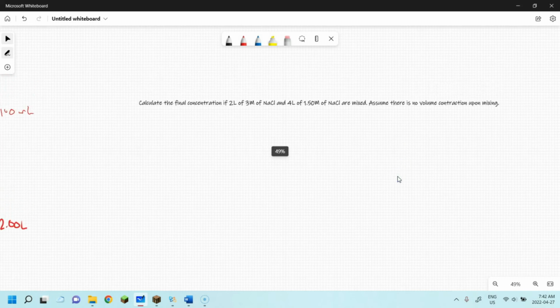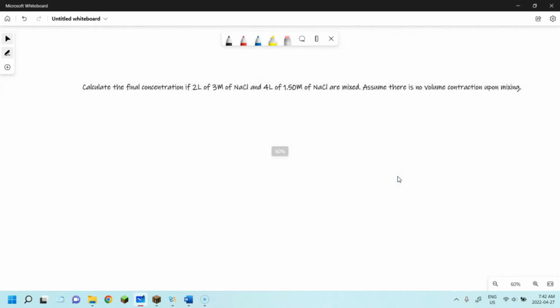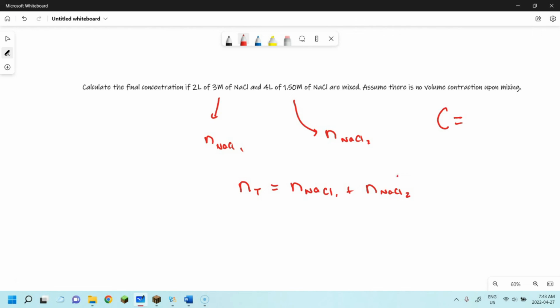Okay, now in this case, we're going to mix two solutions together. And so what we could do is determine our moles in our first one, so our moles of NaCl in this solution. We could determine our moles of NaCl in the second solution, and that would give us our total moles of sodium chloride. And then we can get our concentration because it'll be our total moles over our total volume.